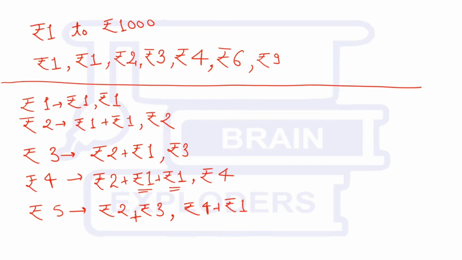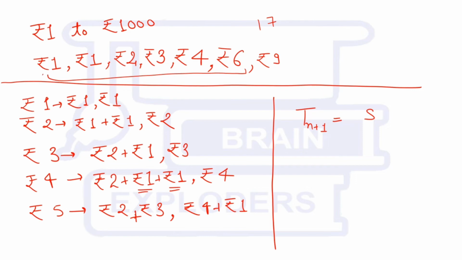But in this way, if we proceed, this will be a long procedure. Here you can observe that the next term which we are including depends upon the sum of previous terms. The sum was 1 plus 1 plus 2 is 4, 4 plus 3 is 7, 7 plus 4 is 11, and 11 plus 6 is 17.